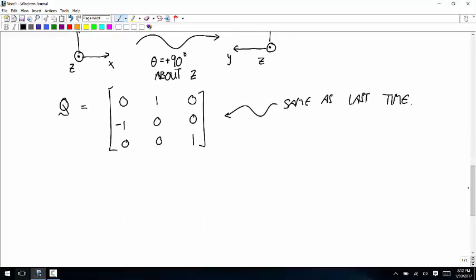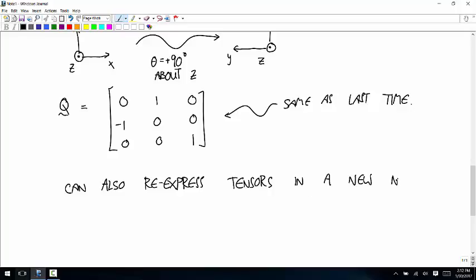Now, you can also use rotation matrices to re-express tensors. Vectors and tensors are both sort of defined by how they relate to rotation matrices. So, okay, you can also re-express tensors in a new coordinate system using rotation matrices.